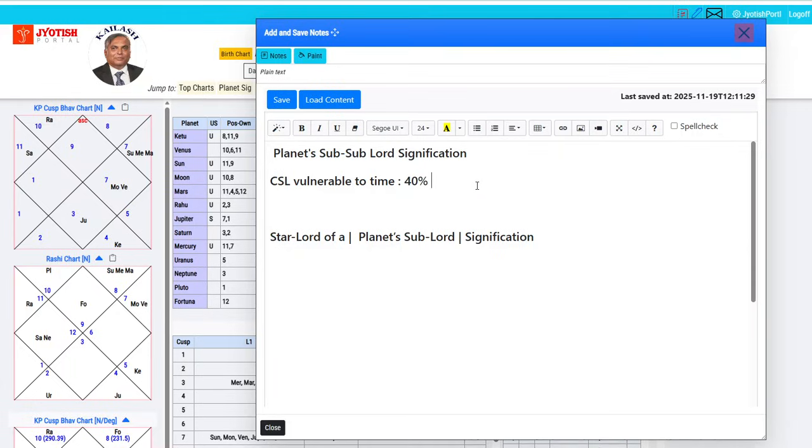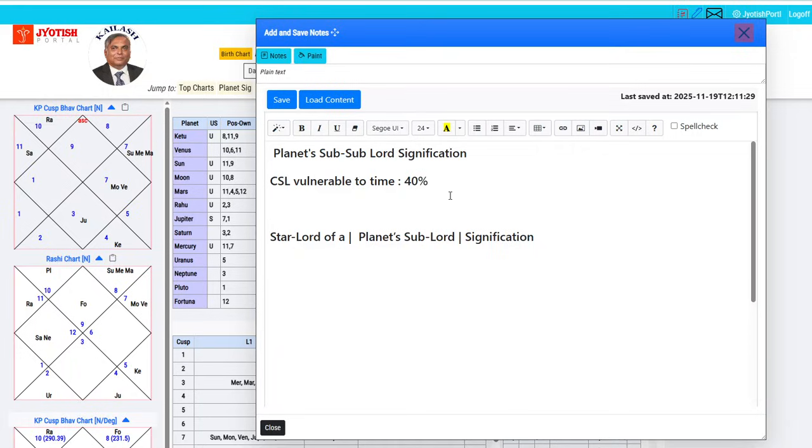Then the planet sublord, especially for the slow moving planets like Jupiter and Saturn, is not likely to change. So now it creates an additional problem. You get the same horoscope, and especially for the slow moving planets Saturn and Jupiter, even the sublord is the same. So for this reason, many KP practitioners fall back on the sub-sublord signification.